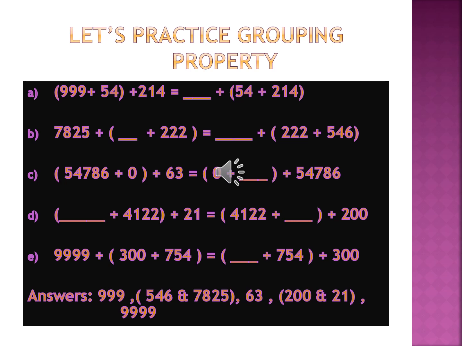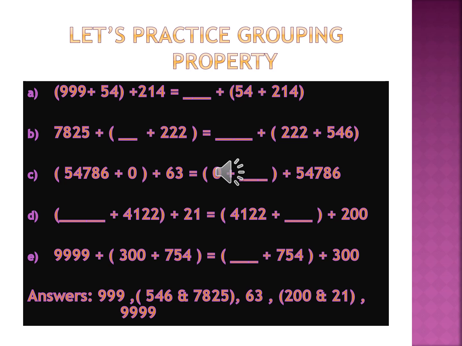And the grouping in this part is that on the left hand side, 999 and 54 were grouped together, and on the right hand side, 54 and 214 are grouped together. Now next is B part. 7825 plus dash plus 222.